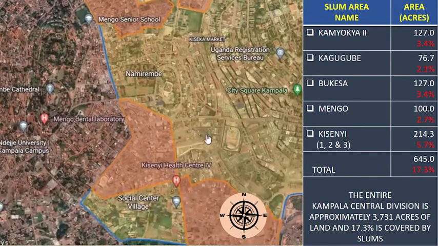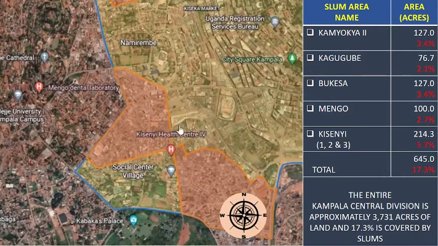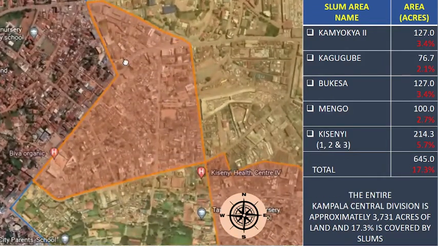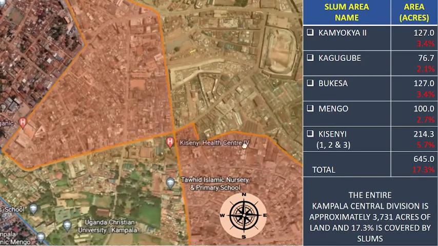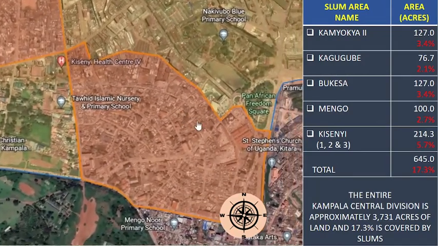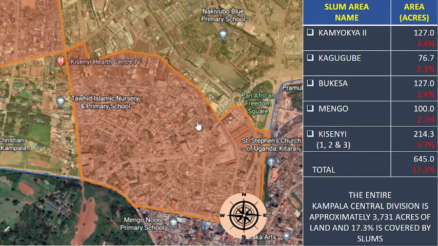Below, as you go down, we have Mengo slum area, also which has some clean boundaries to it. This covers 100 acres of land. And just next to it, we do have Kisenyi slum area. Now, also as earlier pointed out, Kisenyi slum area has 3 slum areas.